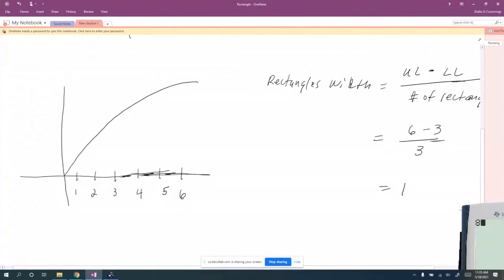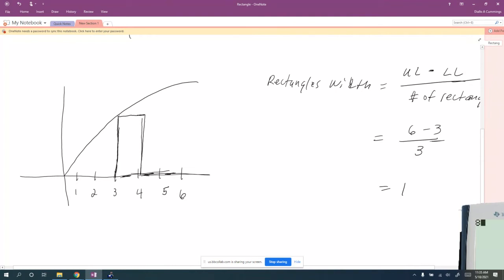So for my first rectangle, it's on the interval from 3 to 4. Since I am using a left endpoint, I'm going to use the height at 3, because on my first interval from 3 to 4, the left endpoint is 3, so I'm using 3 as my height.